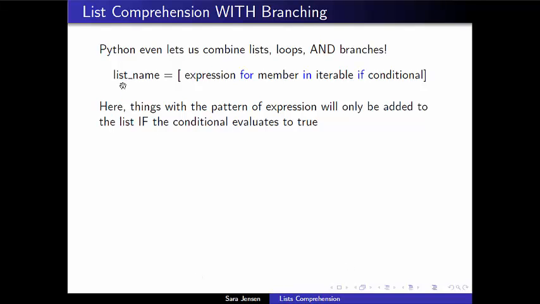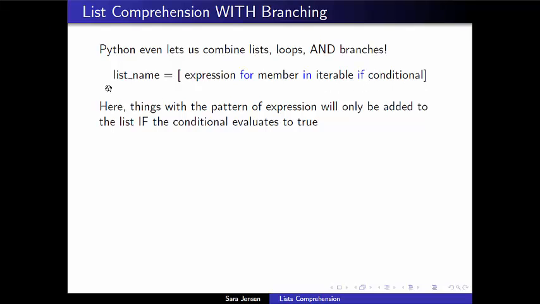So notice what I've added to the usual syntax for list comprehension. We studied in the previous videos the first 3 parts, expression, member, and iterable, for list comprehension. But what I can do is add the Python reserved word if and a conditional statement to check.